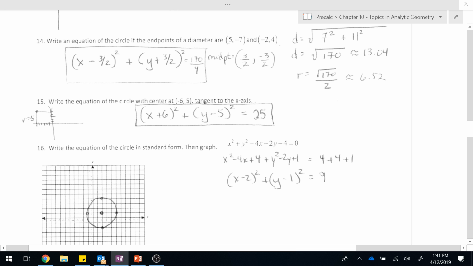So if we take the center going out to that point, that length is going to be our radius. So from (-6, 5) let's go downward to the x-axis, which is a distance of 5 away, right? So we know that r is equal to 5. We have our center at (-6, 5). So it's (x plus 6) squared plus (y minus 5) squared equals 25.